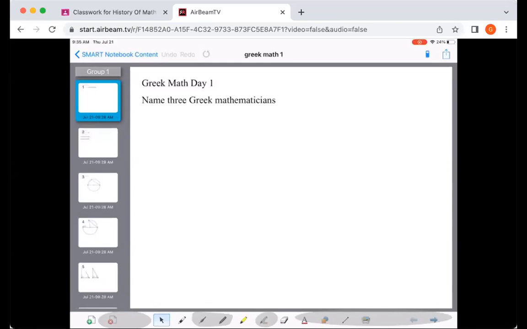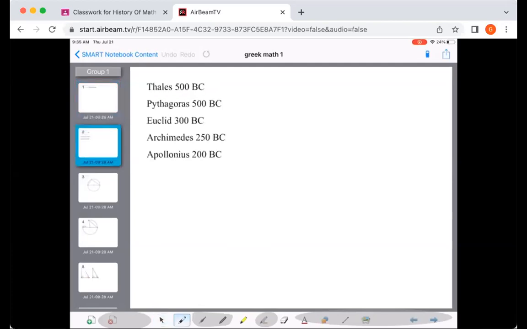Okay, so that's good that we know a few of the names, and we are going to be studying some of these people and their discoveries. So in Greece, here's some names for you.